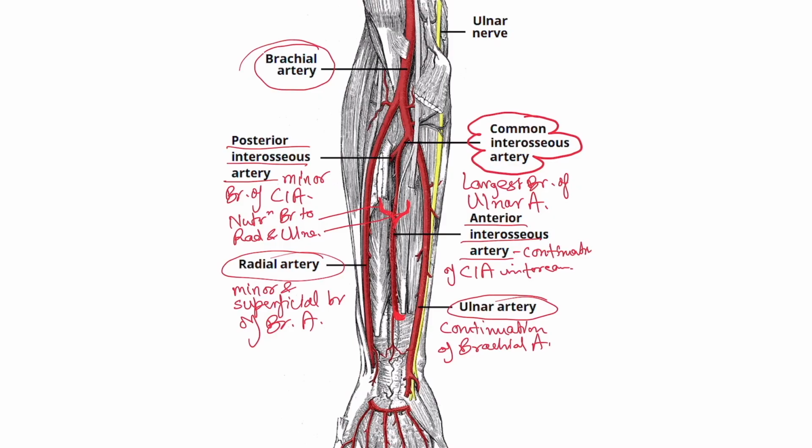What about its continuation here in the lower 1/3 of the front of forearm? The continuation of this anterior interosseous artery in the front of forearm in the lower 1/3 is sometimes called by some authors the median artery, and it participates in a cruciate anastomosis here.